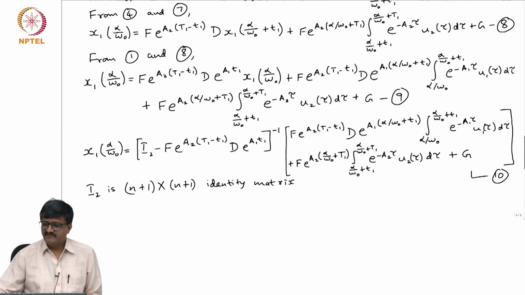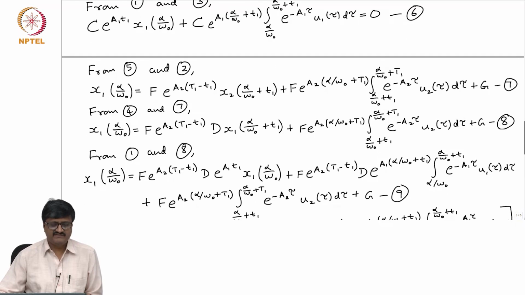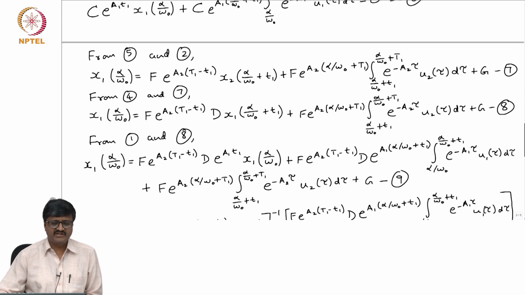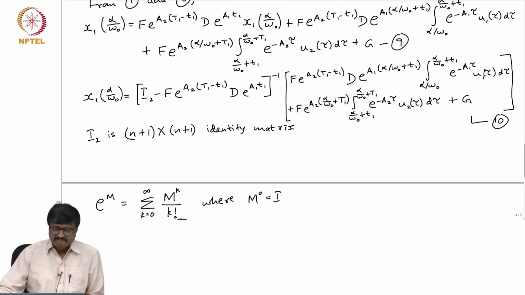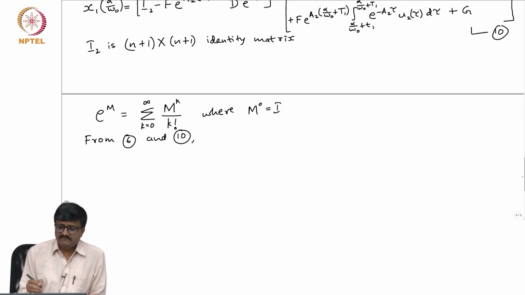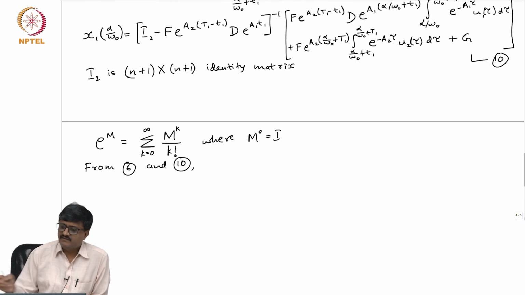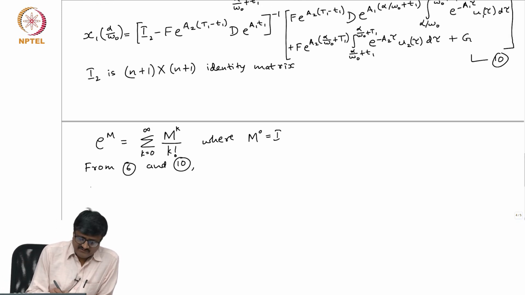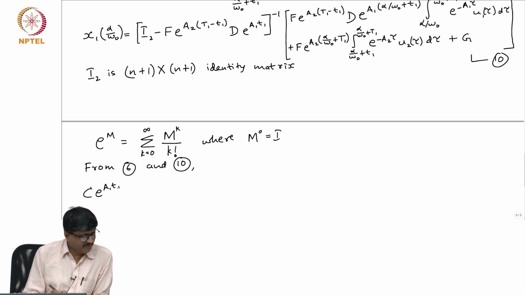So the first term of equation 6 is C exponential a1 t1 into x1 at alpha by omega o.